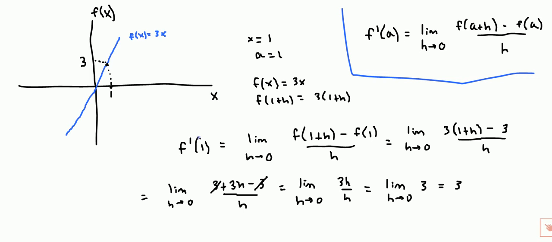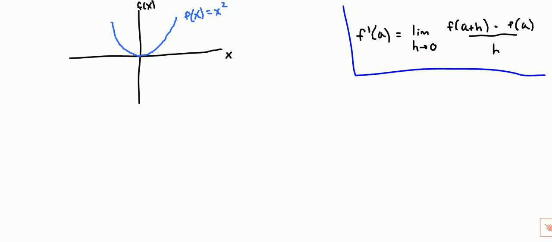Let's look at a more difficult example. So let's try to find the derivative at 3 different points of the graph x squared. The 3 points that we're looking for are going to be 0, 1, and negative 1.